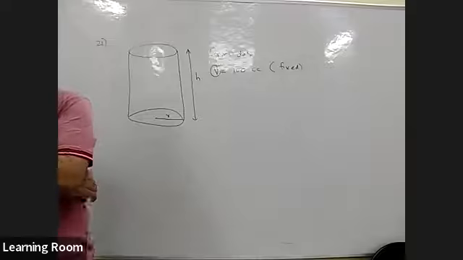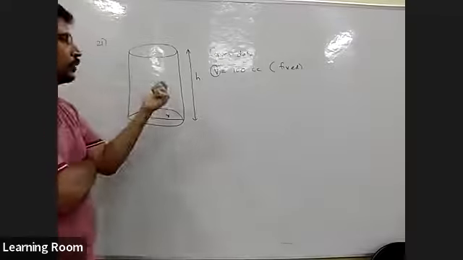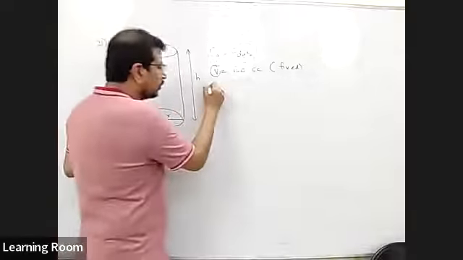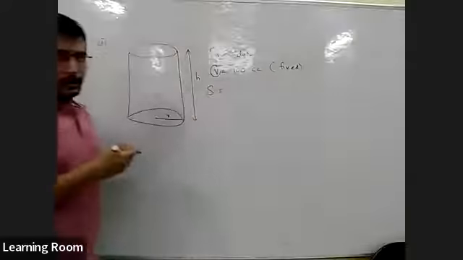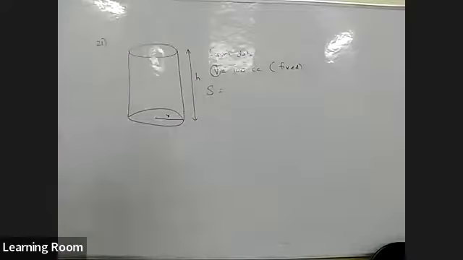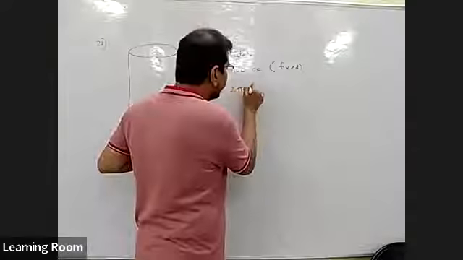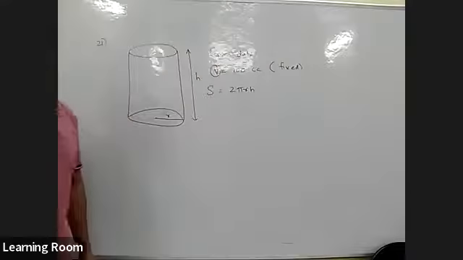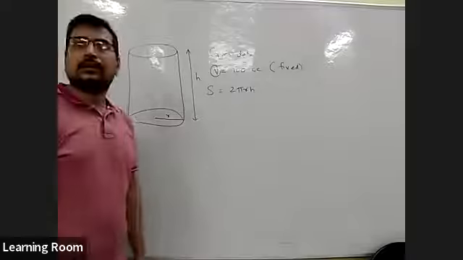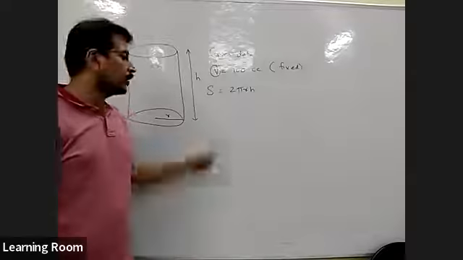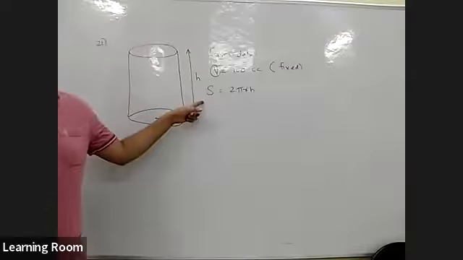Are you able to understand this one? So in this case, R and H are not the same. The surface area that you are trying to design should be the least. So what is the surface area? Surface area is 2 pi R H. Correct? But what should I take? Total surface area, because they didn't mention curved surface area.